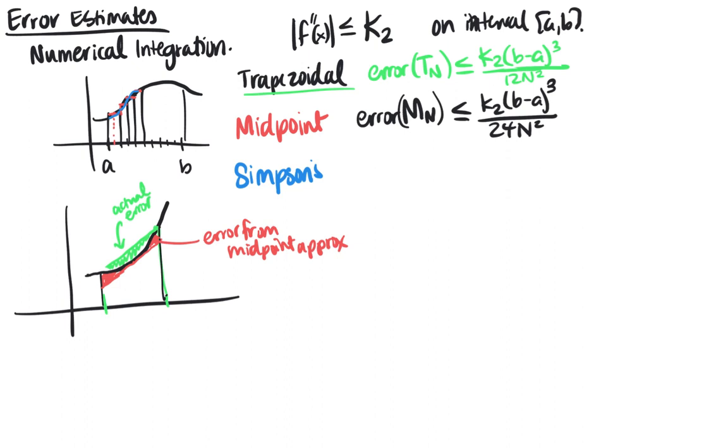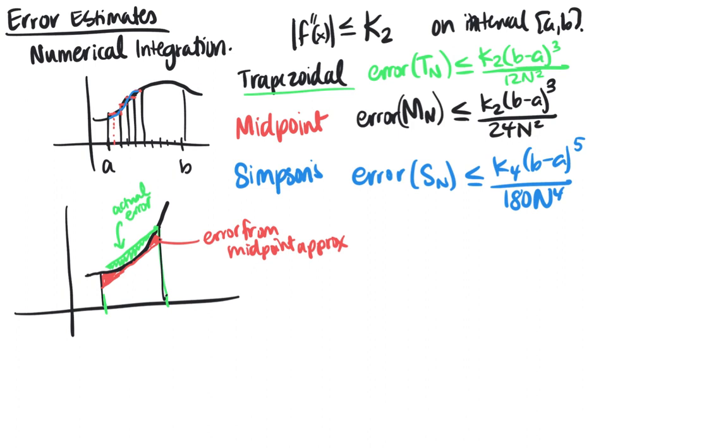For Simpson's rule, the bound is similar, but it depends on the fourth derivative. The error for Simpson's rule is less than or equal to K4 times (b minus a) to the fifth over 180n to the fourth.